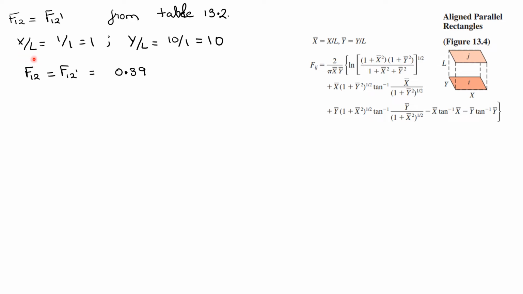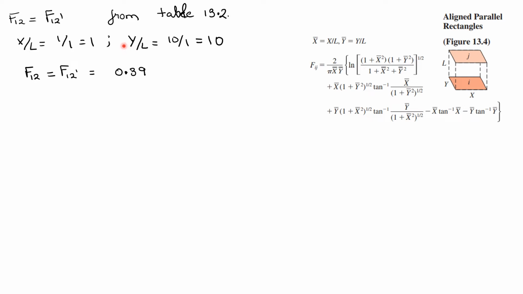So our x by L, where x is the width of the plate, which is 1 meter, and L is the distance between the collector and the heat plate in our scenario, which is also capital H and equals 1 meter. So your x by L is 1.